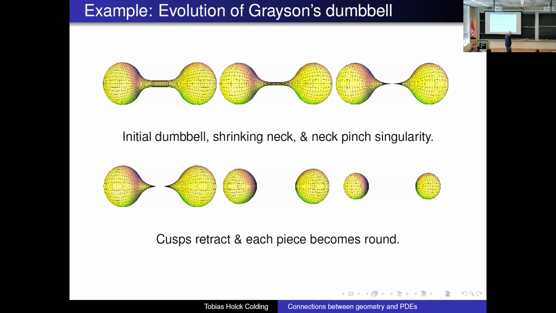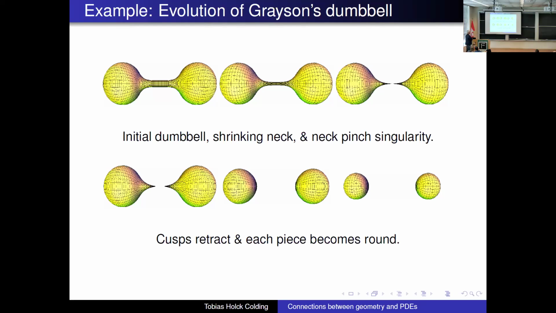So this is kind of the reaction part of the equation. The diffusion part of the equation gives you that once the neck has pinched off, it will immediately become smooth. It will have very, very high curvature, but it will immediately become smooth.